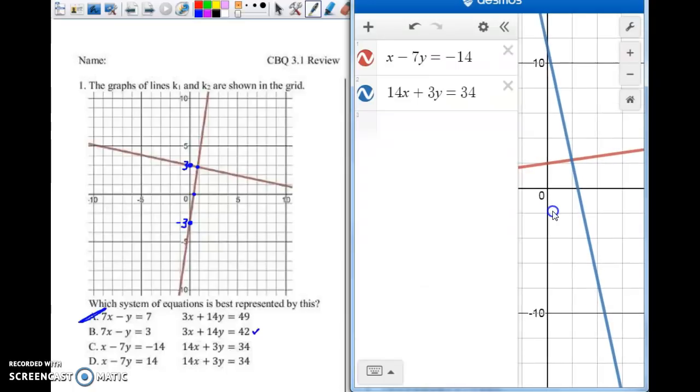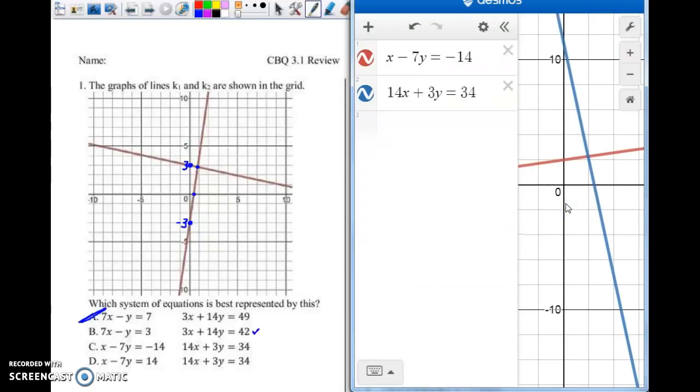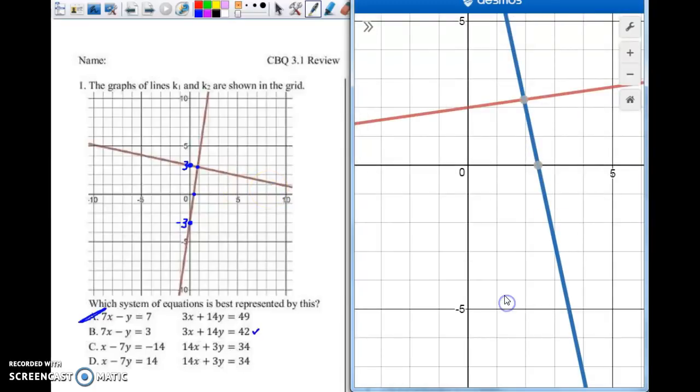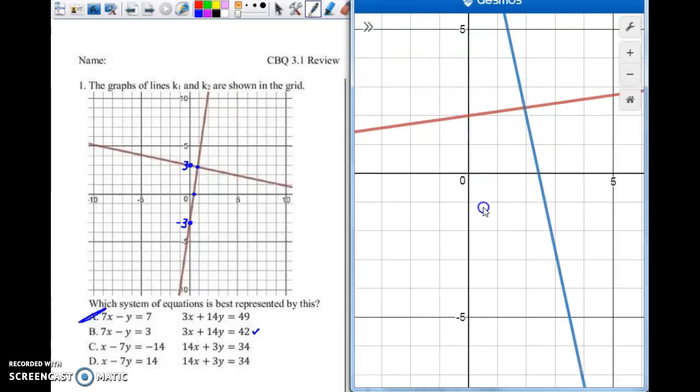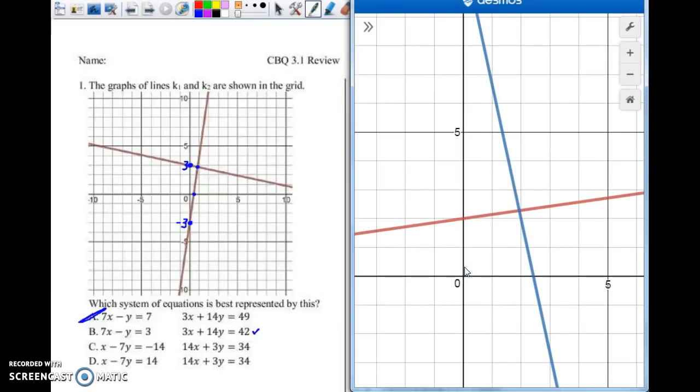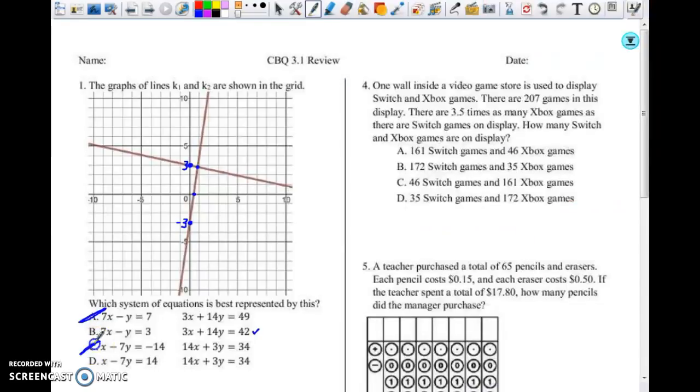I can already tell that the line going from left to right is supposed to be moving down, but this one is moving up, and the line that's coming up this way, this one's moving down. So I can already tell this is not a match. They don't look like they're moving the same direction. So it can't be C.